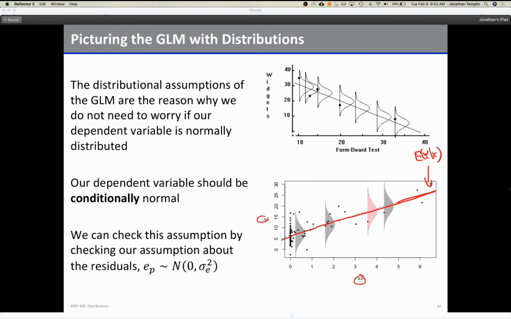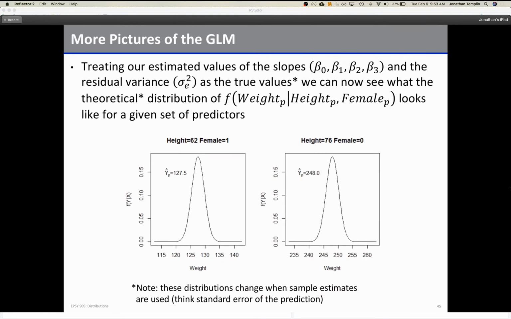But the error for it, every error is constant across that line, so you could think about having a normal distribution. So for any given value of x, the mean would fall where the line happens to be, and the standard error, or the variance of it, would come from sigma squared e. It's the same variance regardless of where you are in your distribution. So we could plot that.